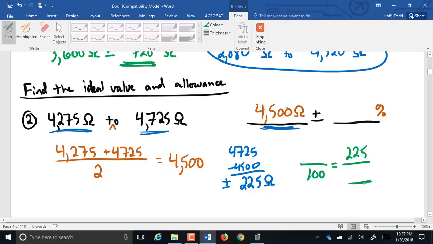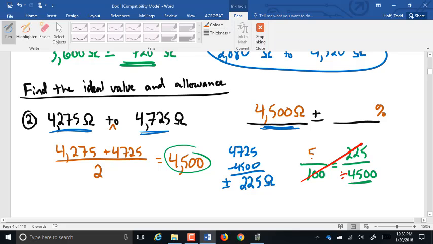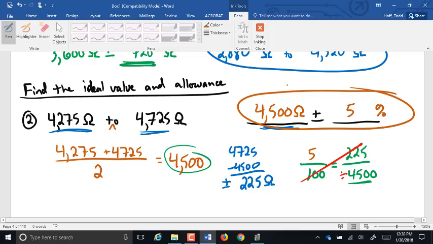What goes down here? That ideal value. We cross multiply and divide, we get 5. So it's 5%. So it's 4,500 ohms plus or minus 5%. Look familiar?